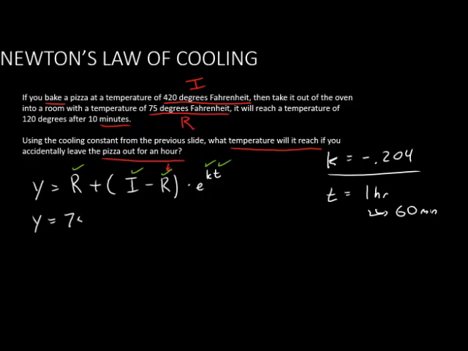The R is 75, plus I minus R, which is 420 minus 75, times e to the k, which is negative 0.204, times t, which is 60. The only thing we don't know here is y, so we can place this entire expression into a calculator and end up with a number.